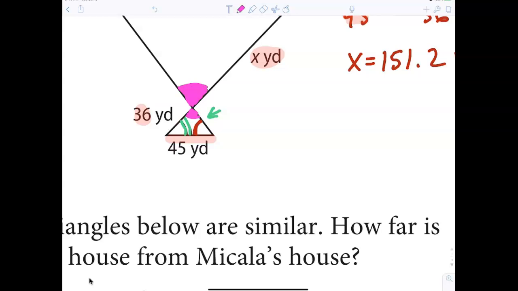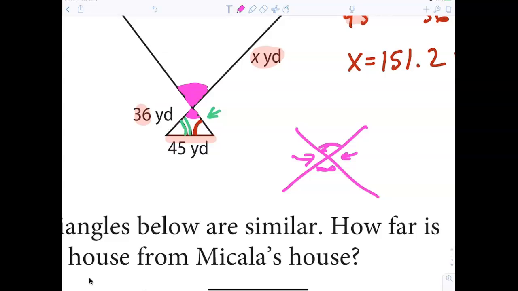Can anyone remember what those two angles directly across from each other are called? A special word. What was it? Parallel? Nope. I think it was vertical. Yes, I'm proud of you. Very good. They were called vertical angles. So anytime you make an X, this angle and this angle are equal, and this angle and this angle are equal. Those are called vertical angles.